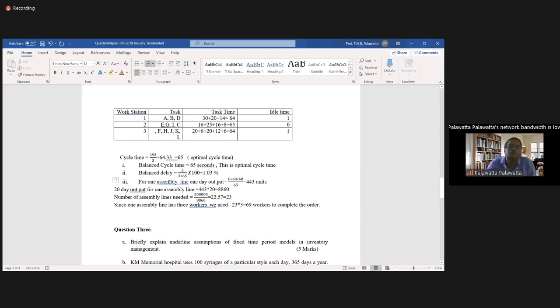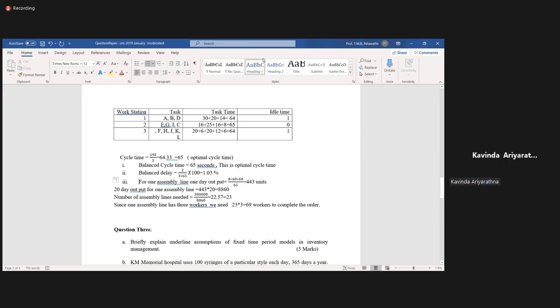One assembly line is 3 workers, because we have 3 workstations, which means 3 workers. So we need 23 multiplied by 3, that equals 69 workers to complete the order. So this is the answer. If you have any complications, you can ask.